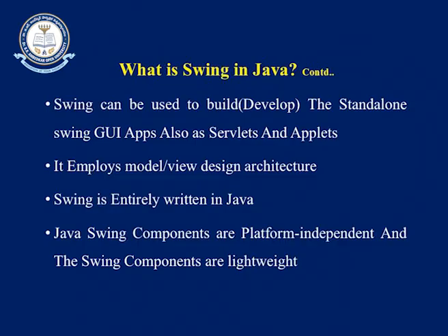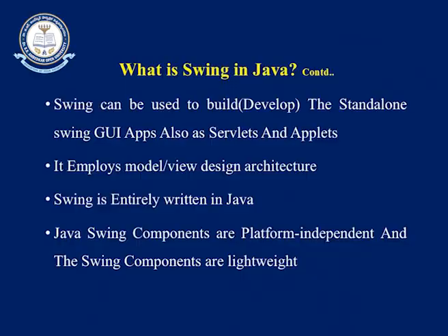And a very important point is Swing is entirely written in Java, entirely written using the Java programming language. As I covered just now, AWT is completely developed based on the C language. That's why that is platform dependent. We have those limitations that I covered just now.